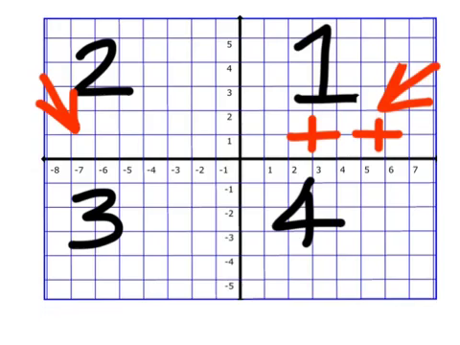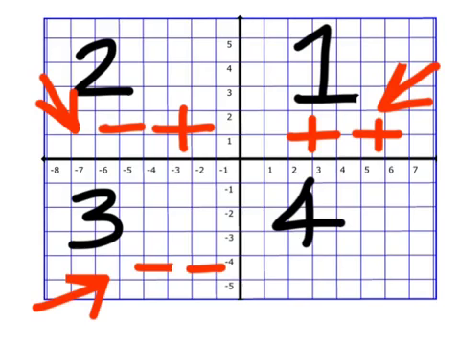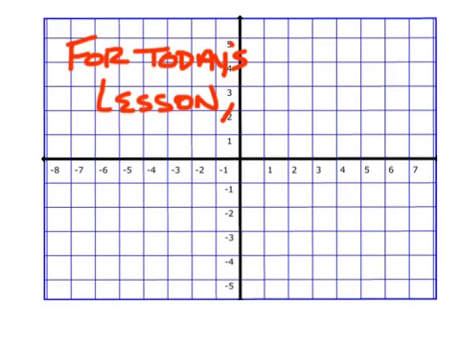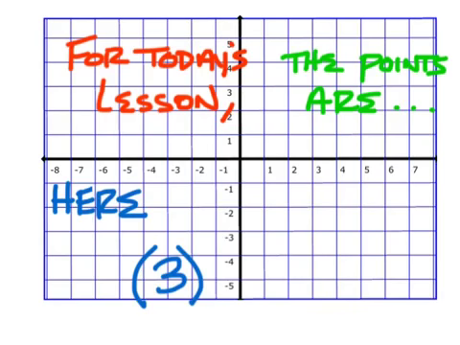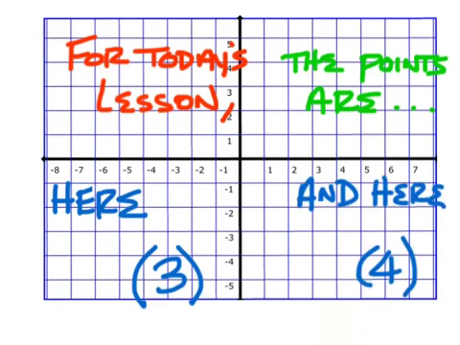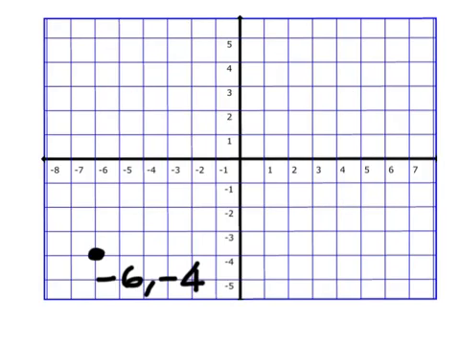That is right. What about this quadrant? Negative positive. What about this one? That is right. And this one? Positive negative. For today's lesson, the points are here and here in the 3rd and 4th quadrants.